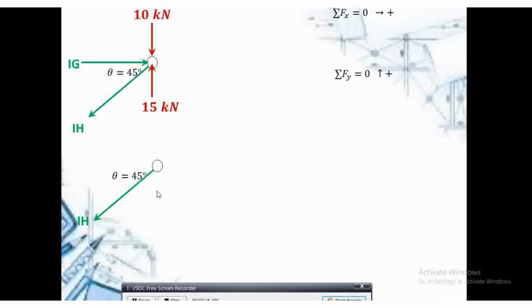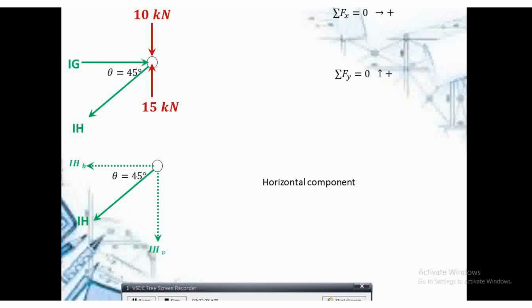If I'm going to analyze this, since IH is slanted, we have a vertical and horizontal component, as discussed during your physics. Remember this one? So this IH, since it is slanted, we have IHH and IHV.